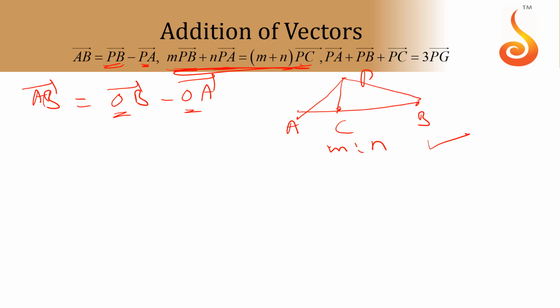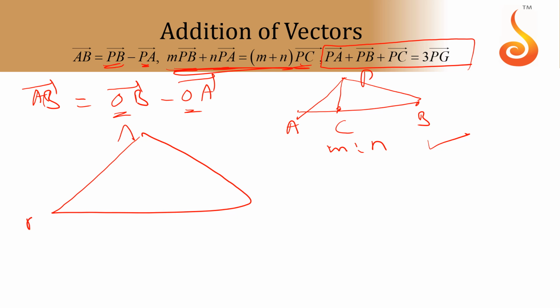With that you can develop PA bar plus PB bar plus PC bar. Suppose you take triangle ABC, let P be any point in the plane of the triangle. Suppose D is the midpoint of BC, then PA bar plus PB bar plus PC bar.